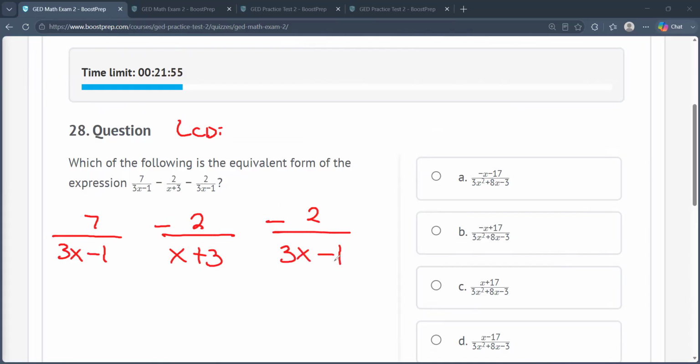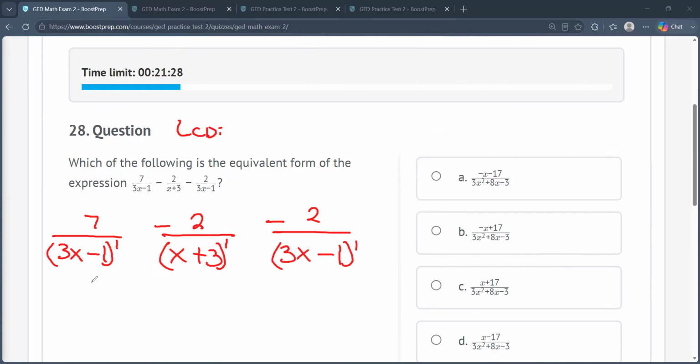The good news is, if you look at the bottom, they're all in prime form. So 3x minus 1, don't think of it as one term. Think of it as parentheses 3x minus 1 to the power of 1. The same thing with x plus 3. Don't think of it as two terms. Think of it as parentheses x plus 3 to the power of 1.